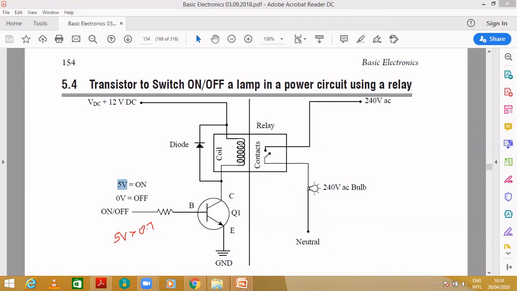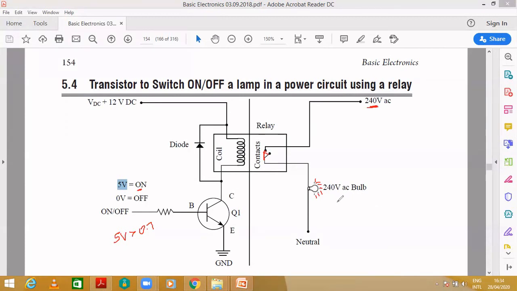Because of the magnetic field in this coil, the contact will close. When this is closed, whatever 240 volt AC supply you are supplying will flow across the contact and make the bulb glow. When the transistor is given a 5 volt supply, this is how the transistor can switch on the bulb.